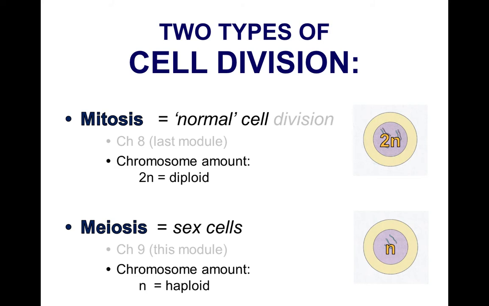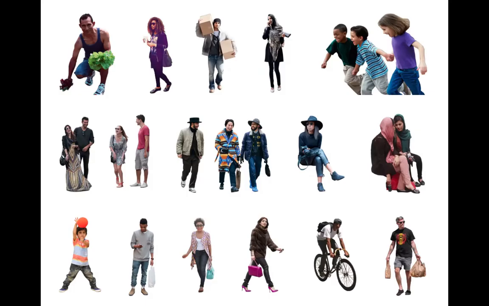So this is the first challenge that the process of meiosis must meet. We must halve the amount of chromosomes in a sex cell during this process of making this. The second challenge that we must meet, I have already kind of referred to. We need to produce unique sex cells so that we would end up with all these unique brand new combinations of genetic material which give rise to brand new unique individuals.